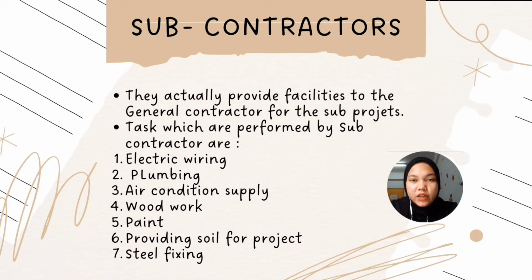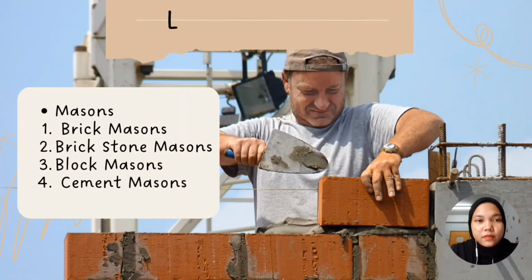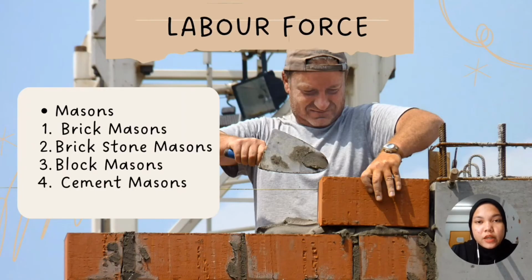Fourthly is subcontractor, or we call specialty contractors. It provides facilities to the general contractor for the sub-project. There is an agreement between the general contractor and subcontractor. Tasks performed by the subcontractor include electric wiring, plumbing, paint, woodwork, and air conditioning supply.